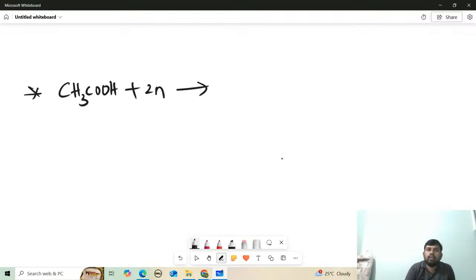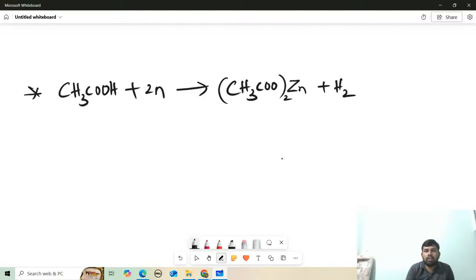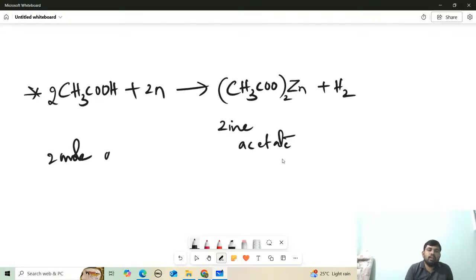What happens here? (CH3COO)2Zn will form plus hydrogen gas will be produced. The compound name is zinc acetate. About the amount of hydrogen gas, we recorded 2 moles here, and here also we record 2 moles. 2 moles are required, so 2 moles of acetic acid will produce 1 mole of H2.